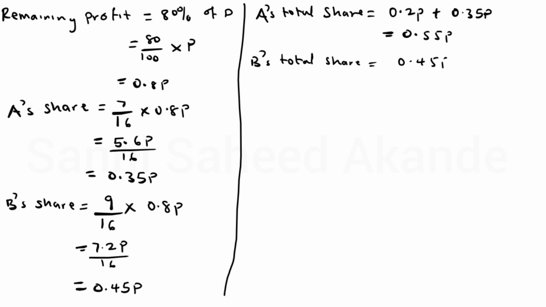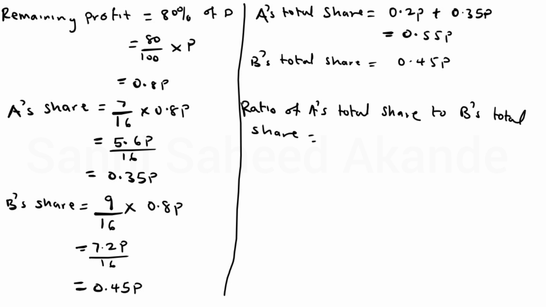That will be equal to the ratio of A's total share, 0.55P, to 0.45P, which is B's total share. Well, you can write this in fraction form.